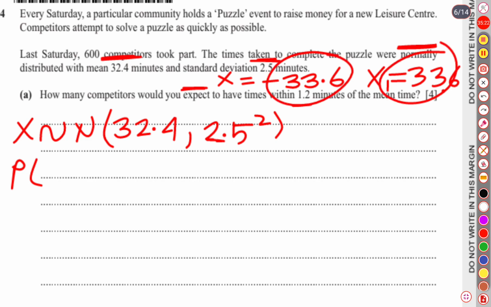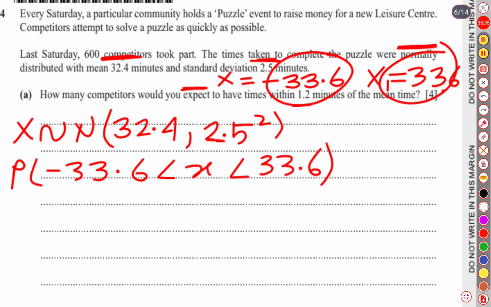So we will write negative 33.6 until 33.6. Okay, now if we standardize our score... Sorry, we made a mistake over here. It is not negative 33.6.